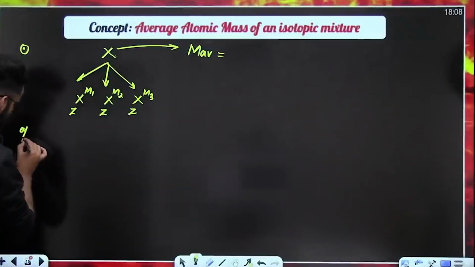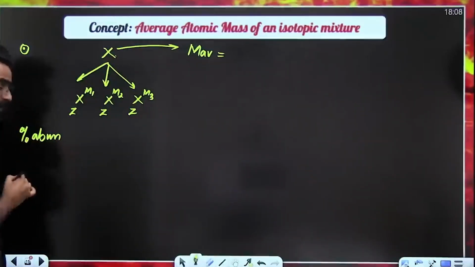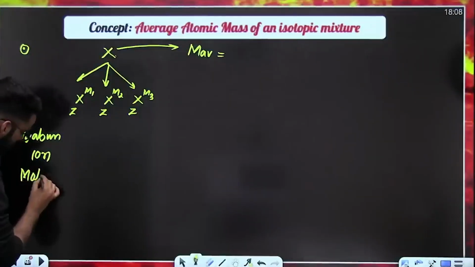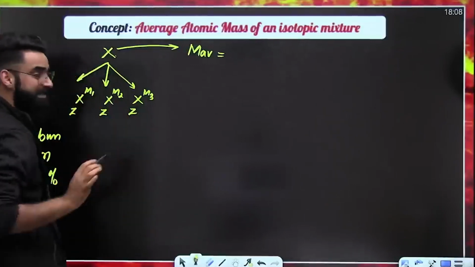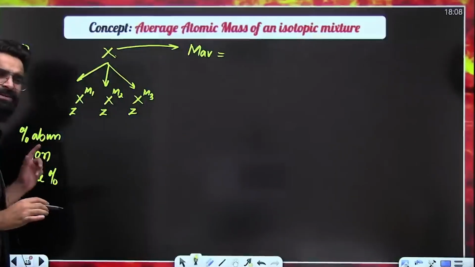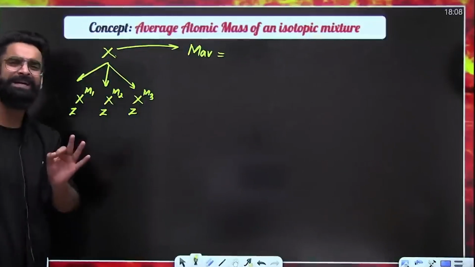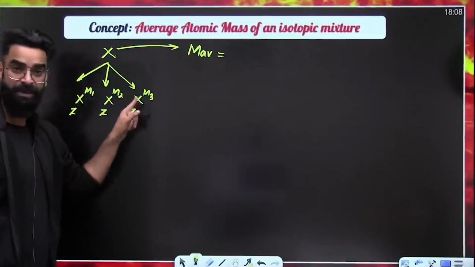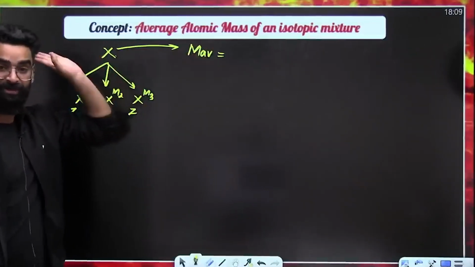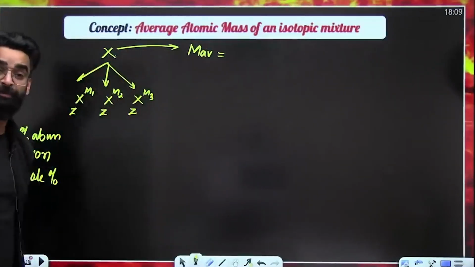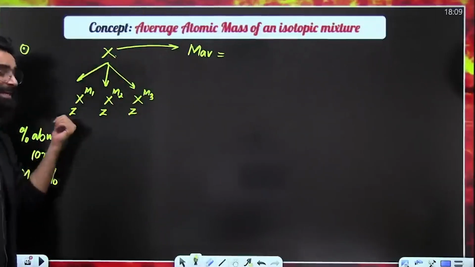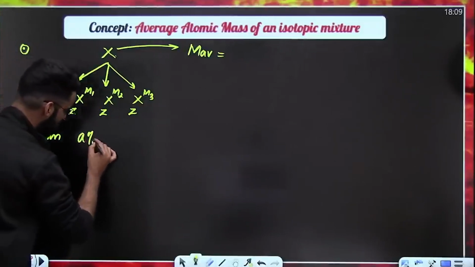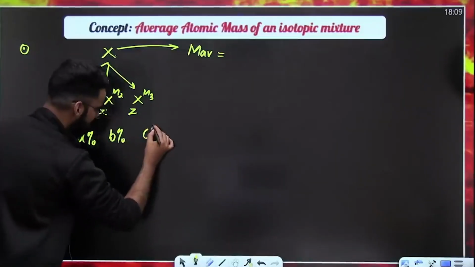We need percentage abundances, or we need mole percentage of these isotopes. What these percentage abundances and mole percentage are all about, you'll get the idea in some time. I'm assuming the percentage abundances of these isotopes I'm representing with A, B, and C.